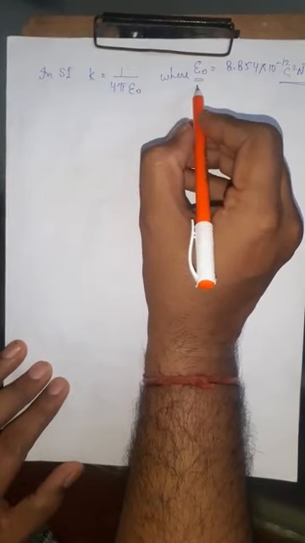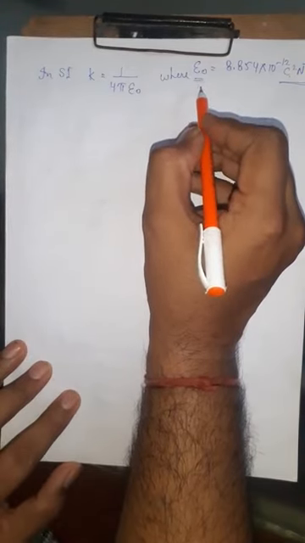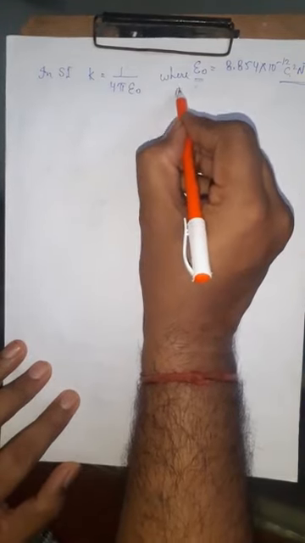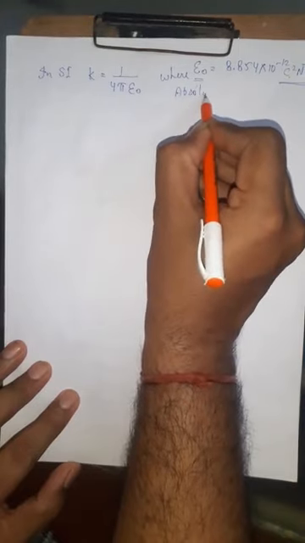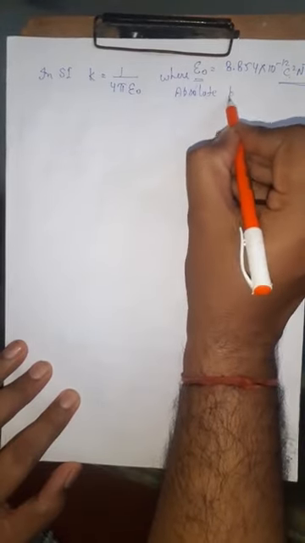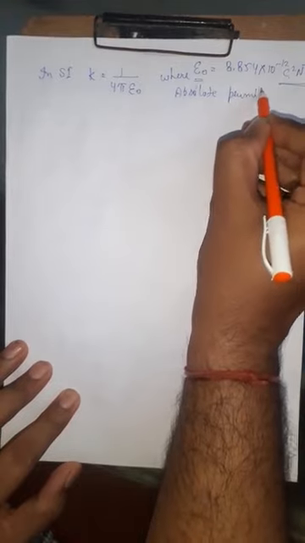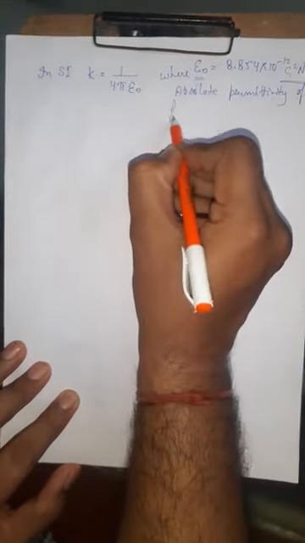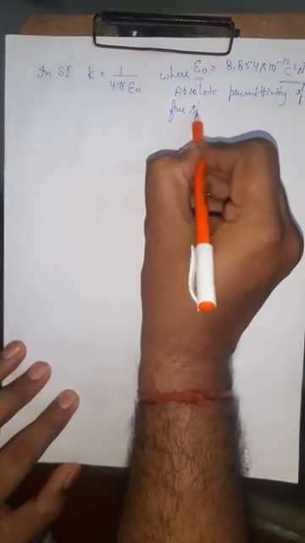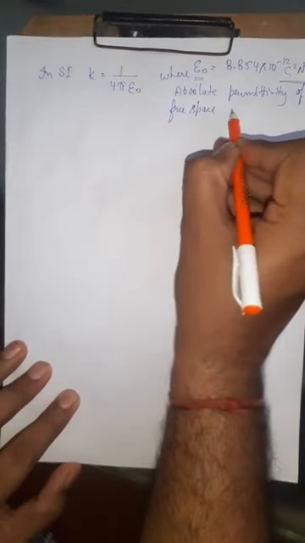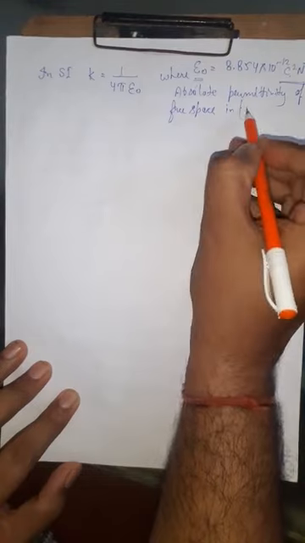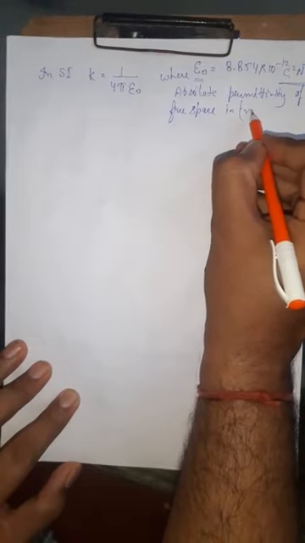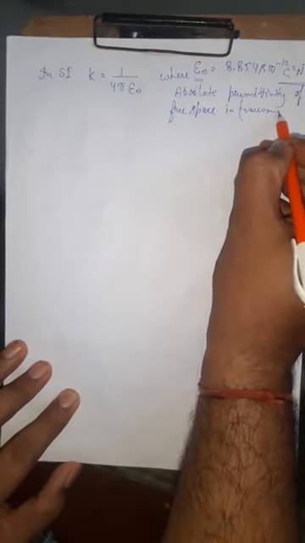This is known as the absolute permittivity of free space in vacuum or air.